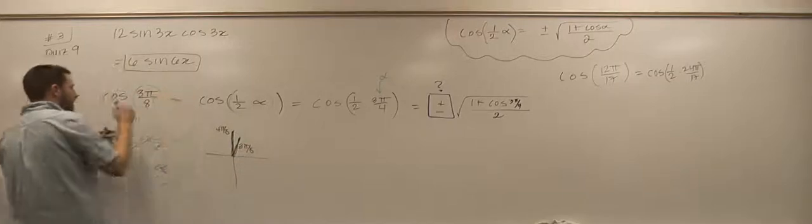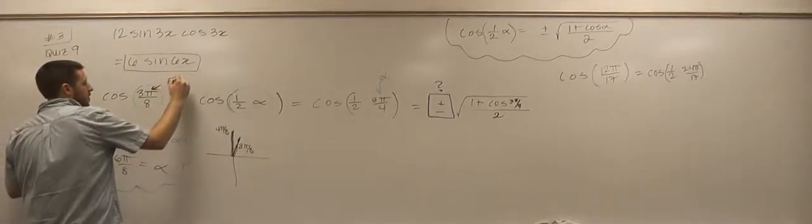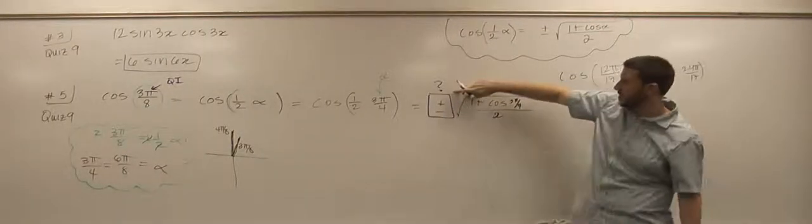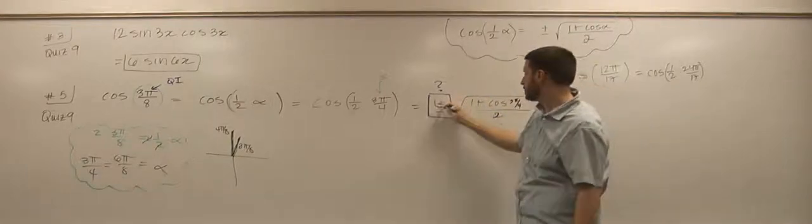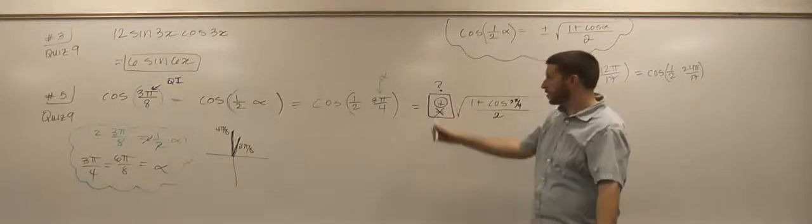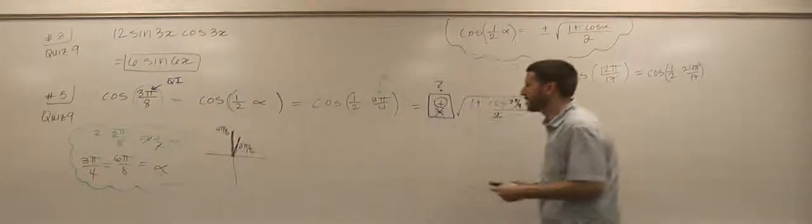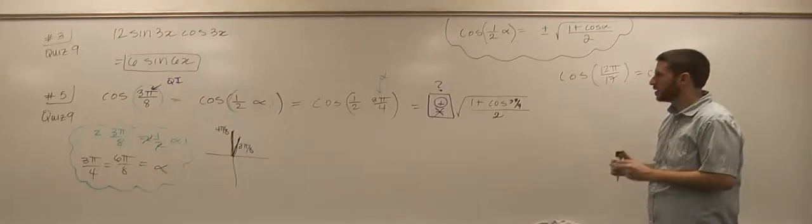So I know that this angle is in the first quadrant, which means the final sign, S-I-G-N, the final sign over here should be positive or negative? Positive. Because cosine, well, everything is positive in the first quadrant. So you pick the plus.